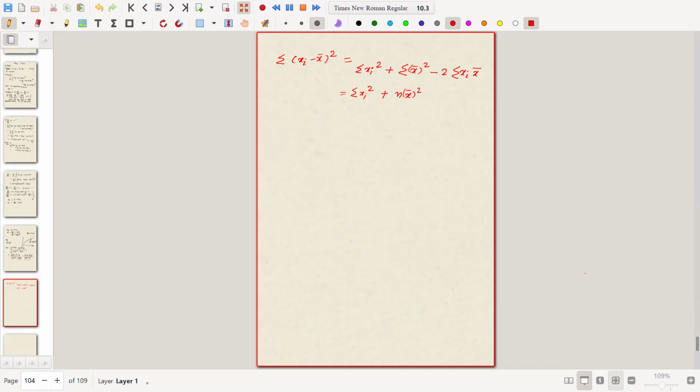X bar is constant. You are summating over n times, so it is n times x bar square. Minus, since we should take x bar outside, we will take x bar outside. So 2 x bar, and x bar is constant. What will you get? Anything you are able to see now?